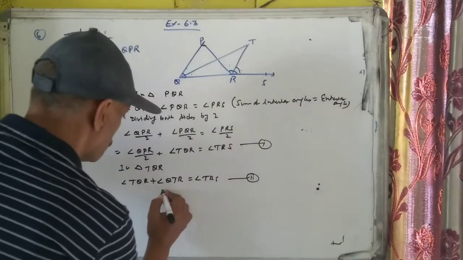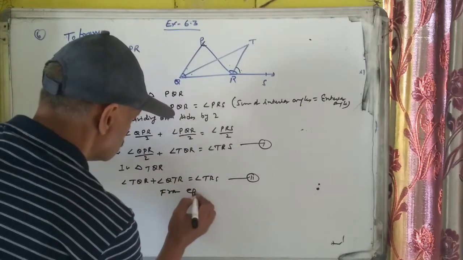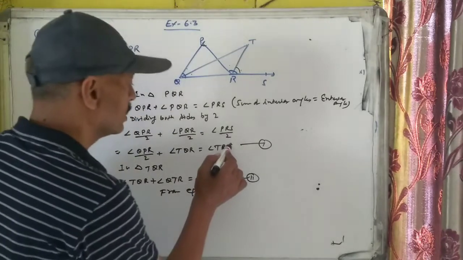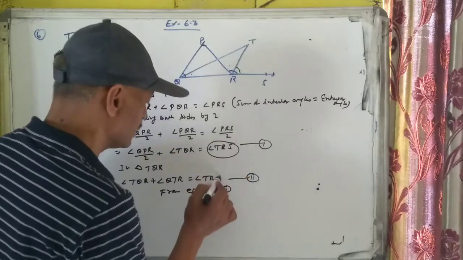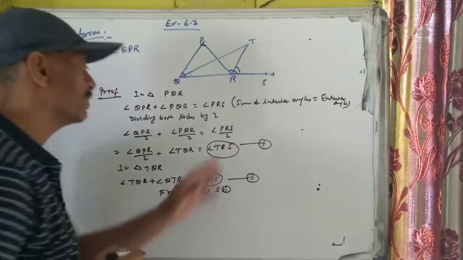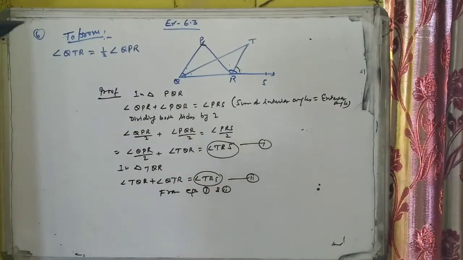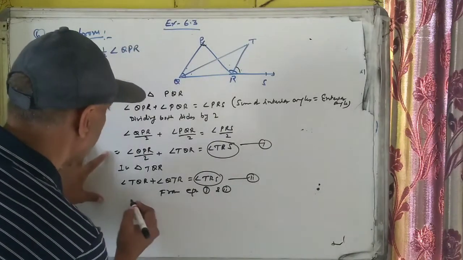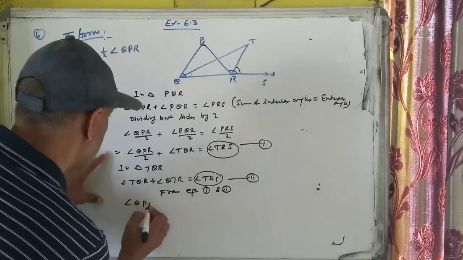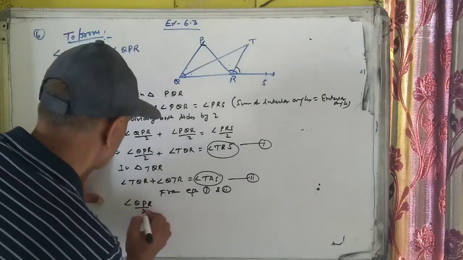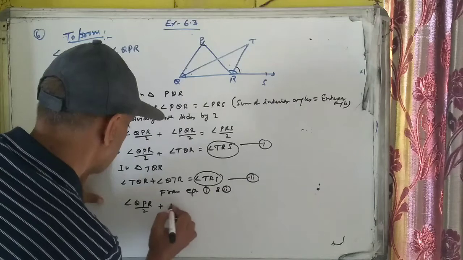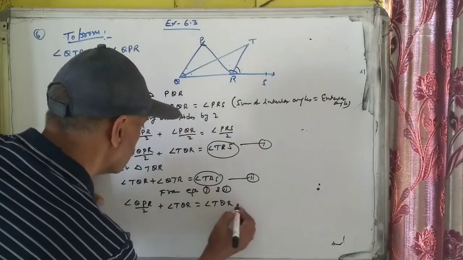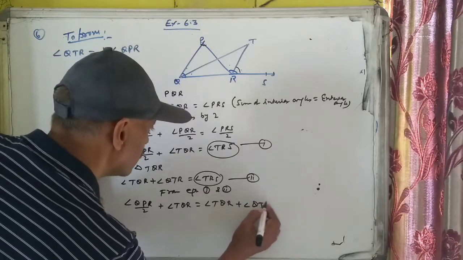From equation 1 and 2, you can observe that the right hand side of both equations are same. So if the RHS is equal, then we can write the LHS equal. So just write here from equation 1 and 2, angle QPR by 2 plus angle TQR equal angle TQR plus angle QTR.